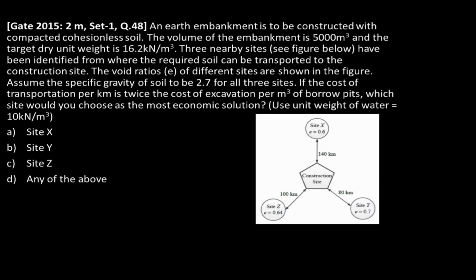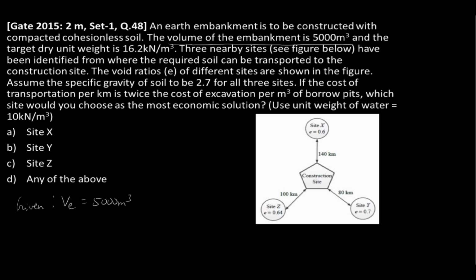So in this question, it has been given that the volume of the embankment is 5000 meter cube. So we'll be writing it down. Given volume of embankment equal to 5000 meter cube.